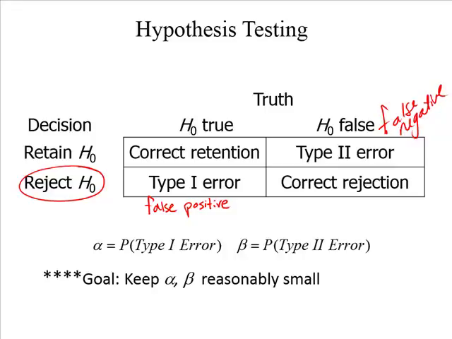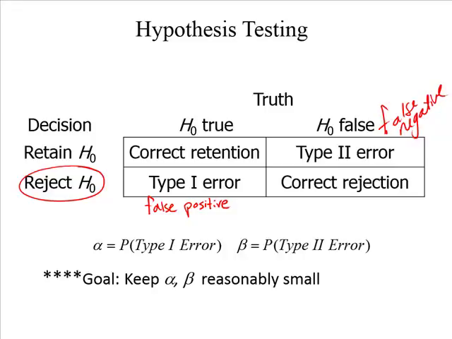Let me ask you a question. Which one is worse? Get the pregnancy example out of your head. Which is worse, the false negative or the false positive? Is it worse to say that there's a relationship where none exists, or is it worse to not say that a relationship exists where one does?